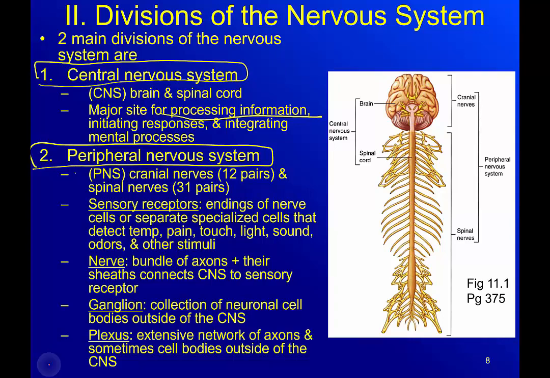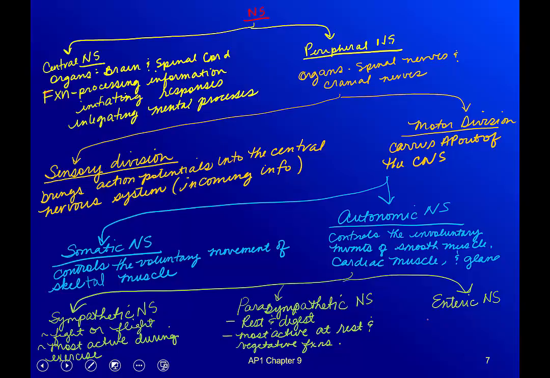Now, the enteric nervous system controls your digestive tract. Why is it important that it's here? For the sake of argument, let's say there is a mountain lion in my backyard.